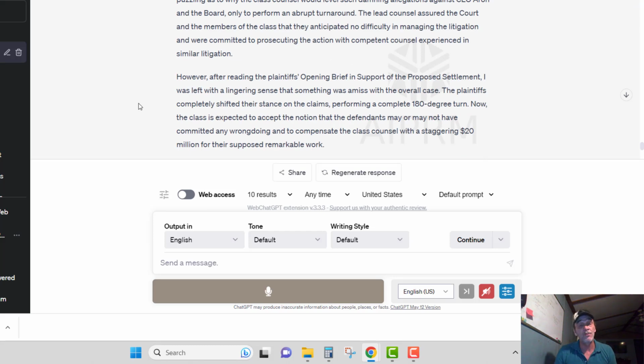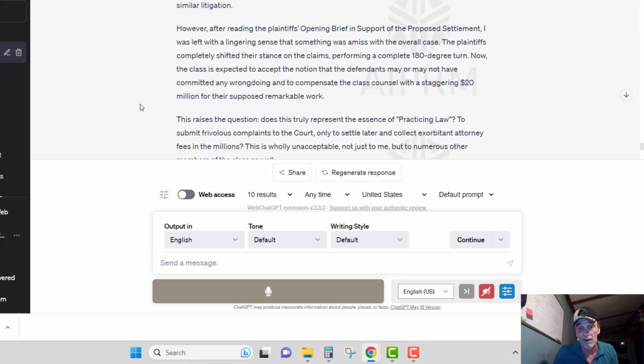However, after reading the plaintiff's opening brief in support of the proposed settlement, I was left with a lingering sense that something was amiss with the overall case. The plaintiffs completely shifted their stance on the claims, performing a complete 180-degree turn. Now the class is expected to accept the notion that the defendants may or may not have committed any wrongdoing and to compensate the class counsel with a staggering $20 million for their supposed remarkable work.